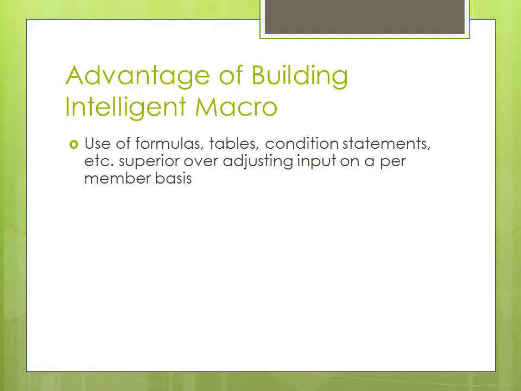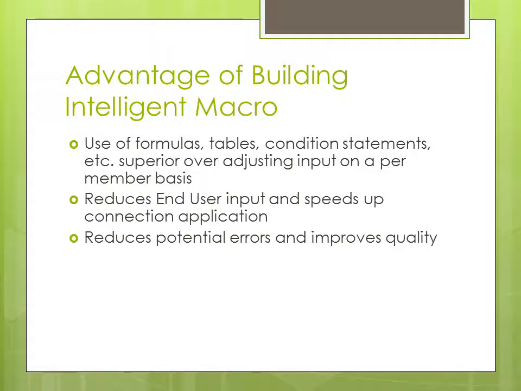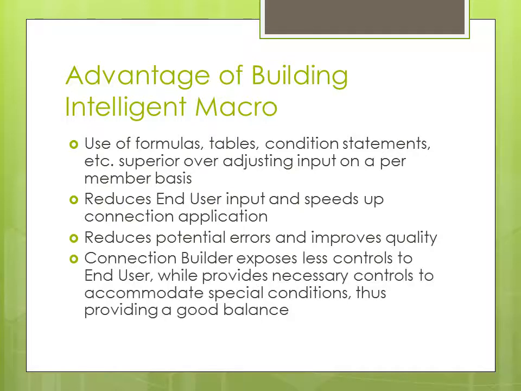Whenever possible, macros should be built intelligently, using formulas, tables, and conditional statements. This reduces the end user input and speeds up the application of connections. It also reduces the checking work needed, since it will eliminate random errors and increase the quality of work. Ideally, the program can be used to input all special connection codes into members, then use auto connection to apply a standard and coded connection into the model.